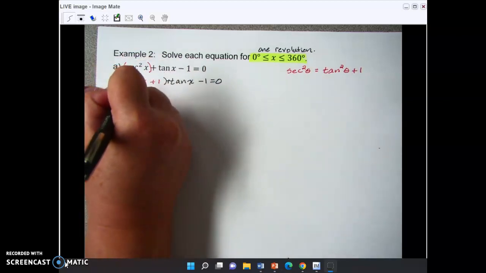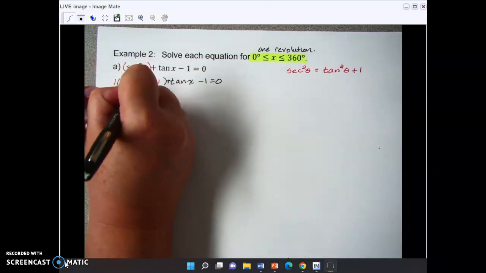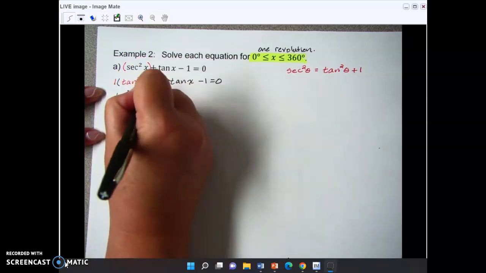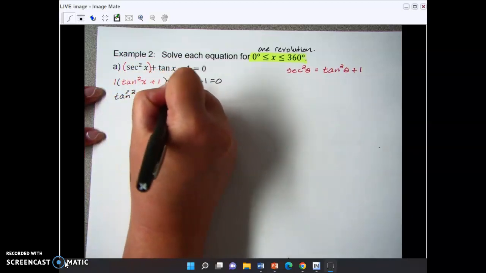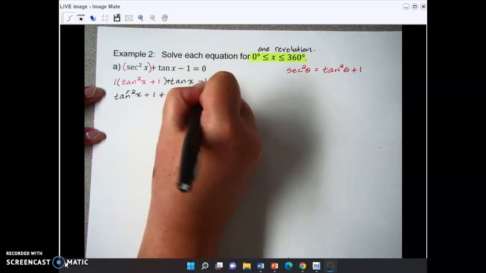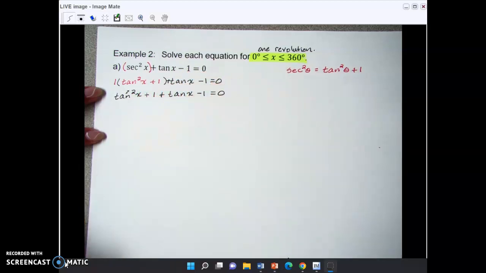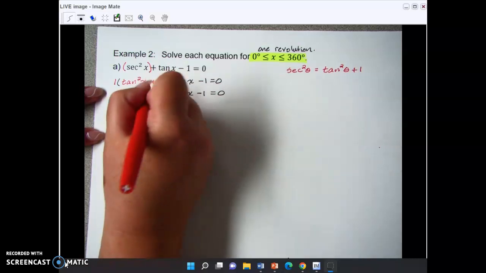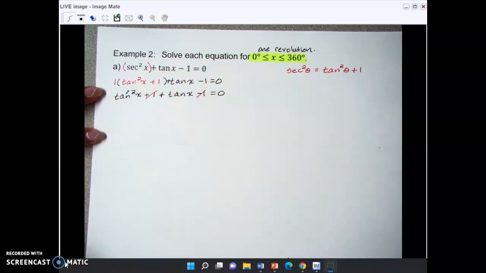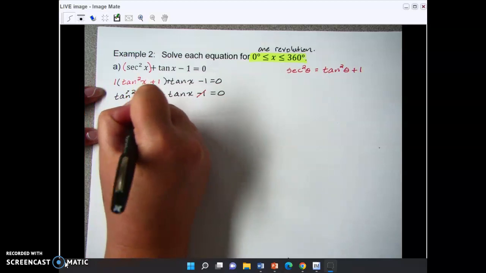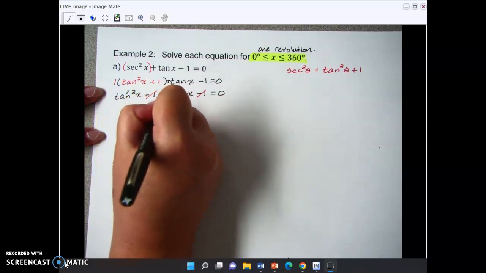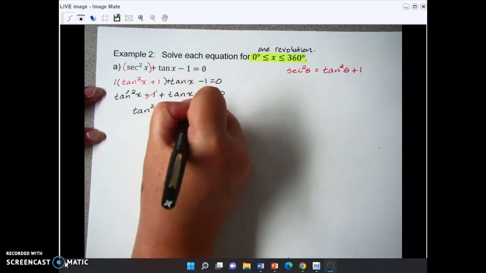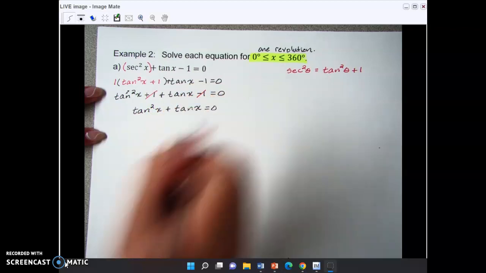So I have tangent squared of x, and then I have plus 1 plus tangent of x, and then minus 1 is equal to 0. And so hopefully you notice I have a positive 1 and I have a negative 1, and so they're going to cancel. And that leaves me with tangent squared of x plus tangent of x is equal to 0.